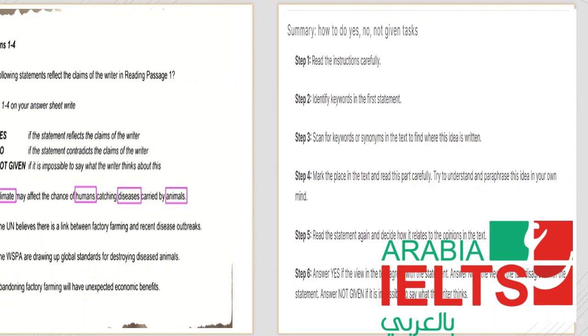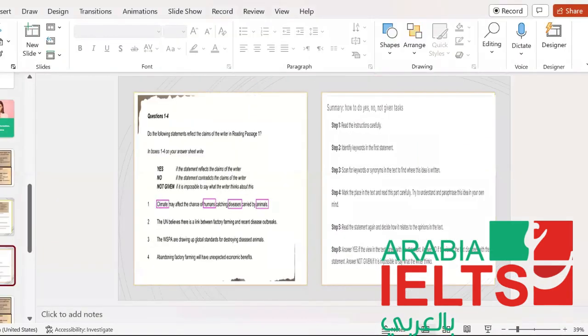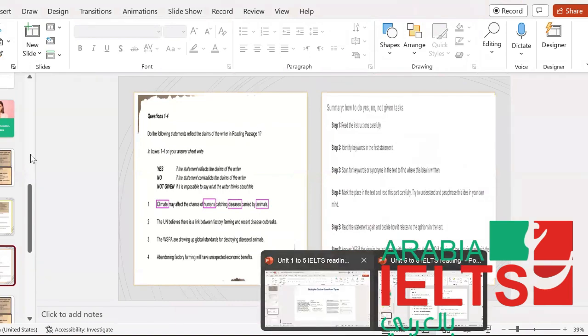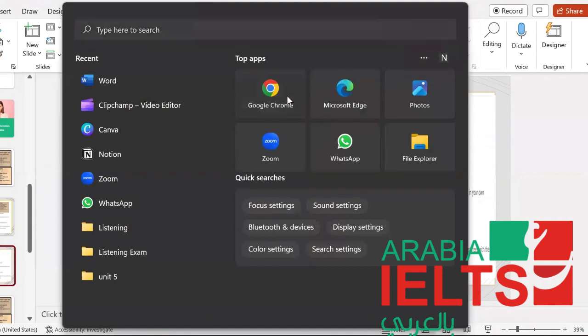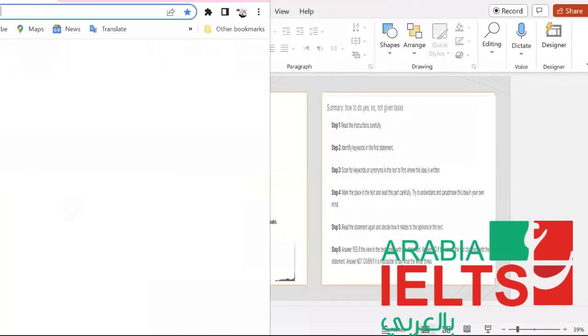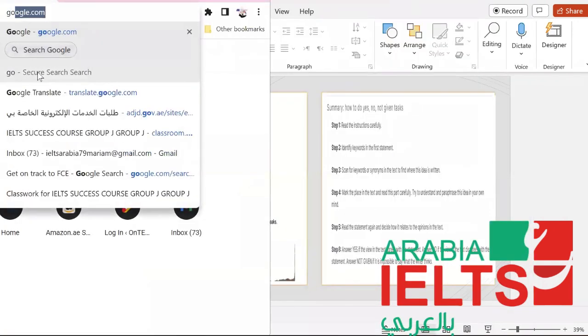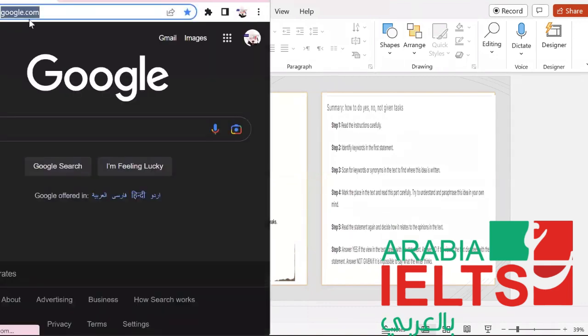But so far, you understand the strategy, you understand the format for the steps, and now it's time to understand when and how these statements appear in your exam. Okay. I'm gonna reopen the thing because I closed the link.